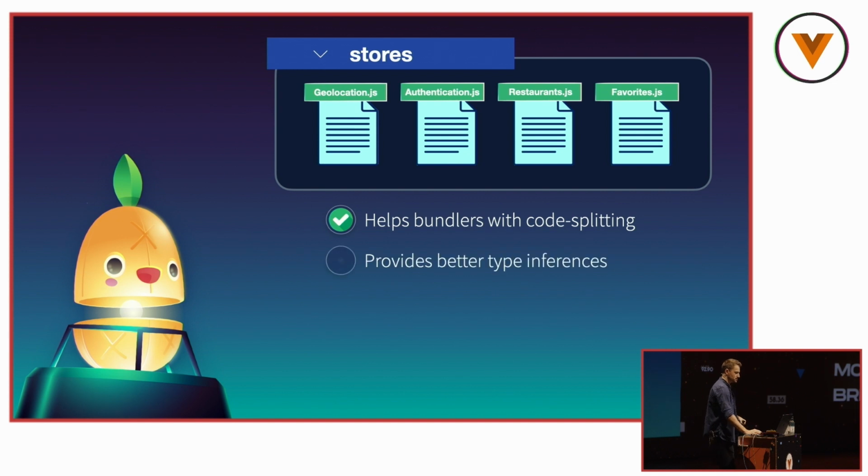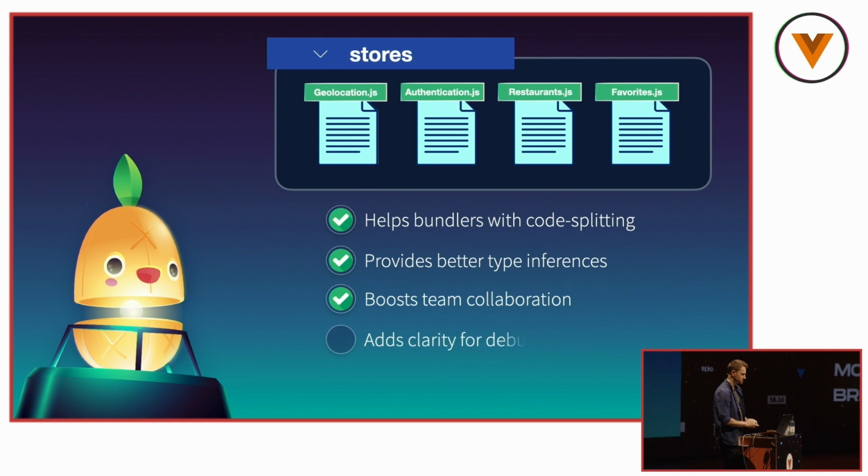And when it comes to the benefits of this modularity and the way this API is written, it's going to help bundlers with code splitting. It's going to provide better type inference. We're going to have boosted team collaboration if done well and organized well. And then we're going to have additional clarity for our debugging purposes.